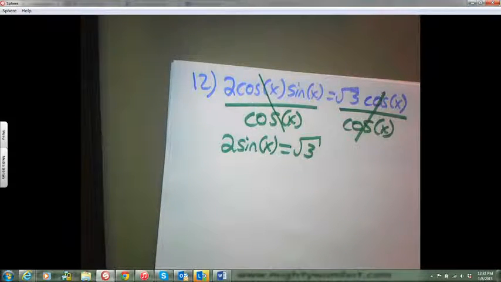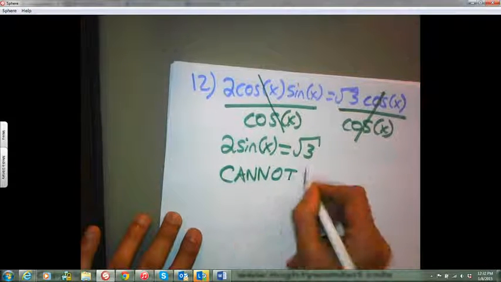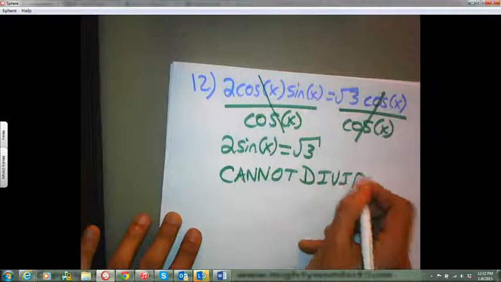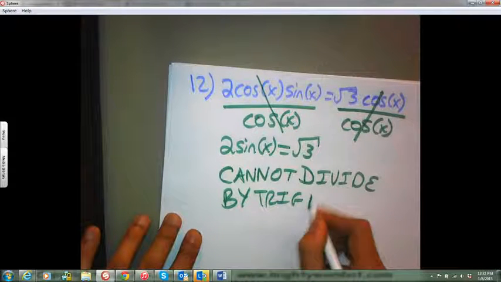If we know that cosine of x could be 0, we can't divide by 0. Hence, you are not allowed to divide by these trig functions. You can't divide by cosine, you can't divide by sine, you can't divide by tangent, you cannot divide by trig functions. Do not do this.